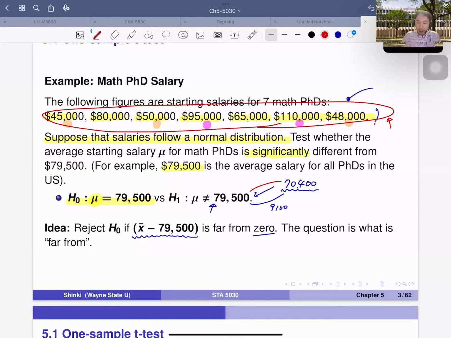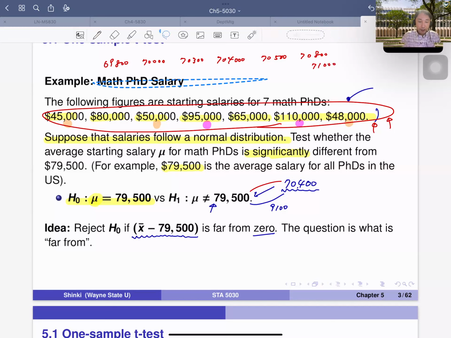But if our 7 PhD salaries are like 69,800 and 70,000 and 70,300 and 70,400 and 70,500 and 70,800 and 71,000 maybe, then this has very small variation.